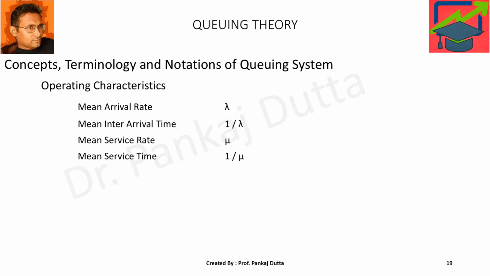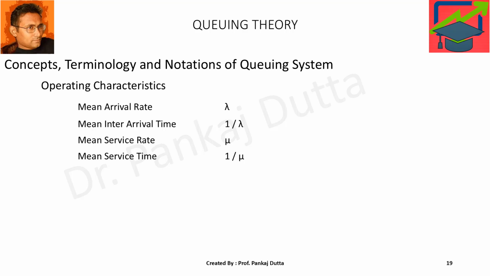In the same fashion as mean arrival rate and mean inter-arrival time, we can define mean service rate and mean service time. Mean service rate refers to the number of customers that get served by the server per unit of time, while mean service time refers to the average time that is needed per service.